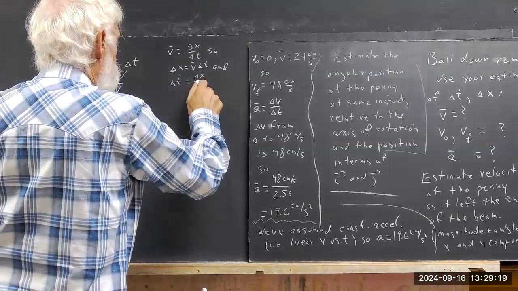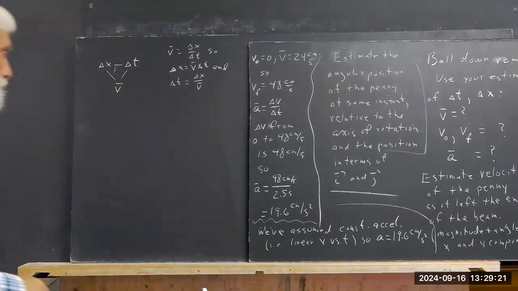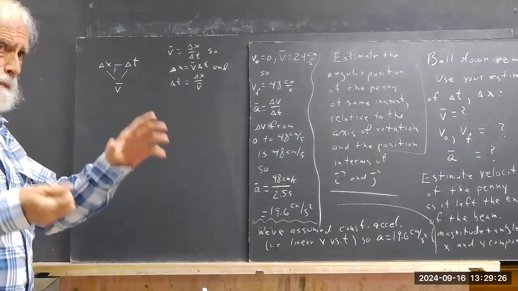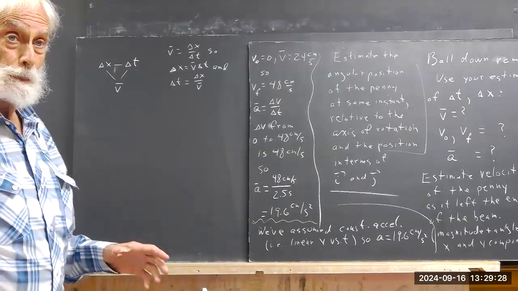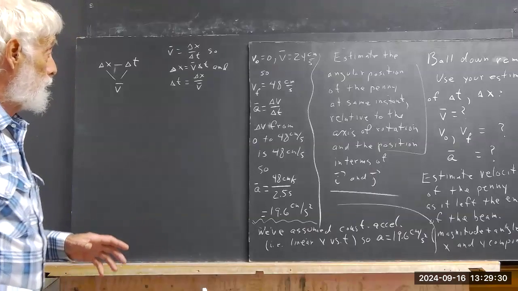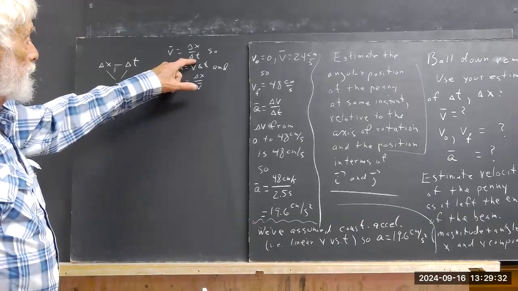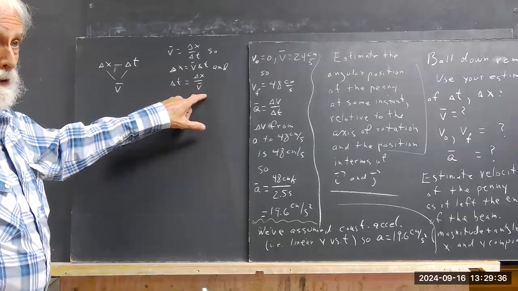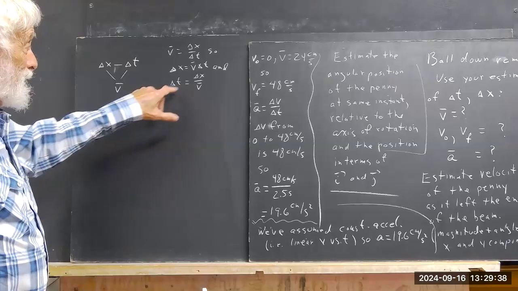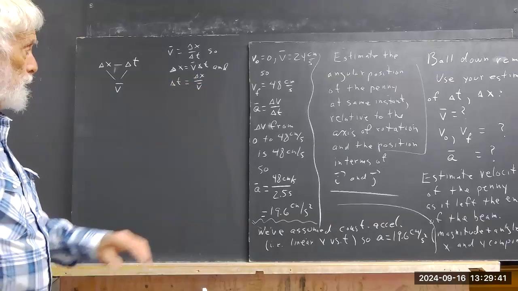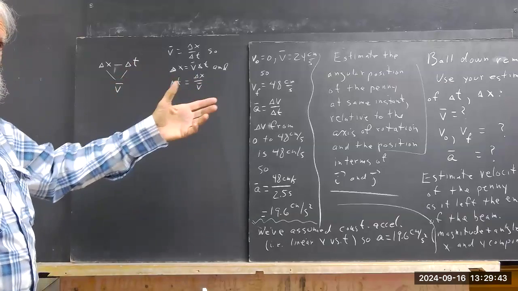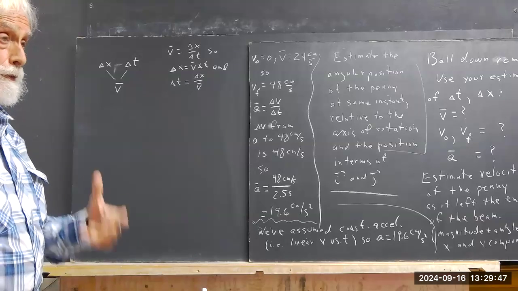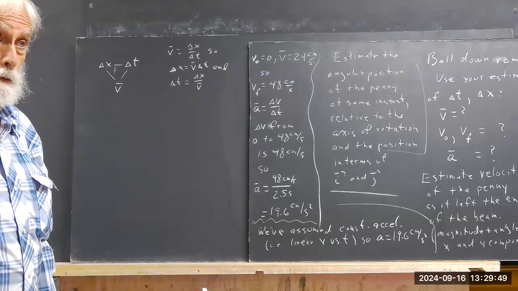I know from experience, I was in this course many years ago, but I had calculus and linear algebra at the time, so you should be a little better than I was. If you look at this, it's a two-step process to get this, and it's conceptually a little confusing. You divide delta X by V bar, or V bar by delta X. Well, if you carry the units, it'll tell you if you did it wrong.